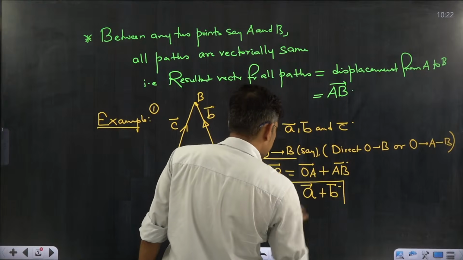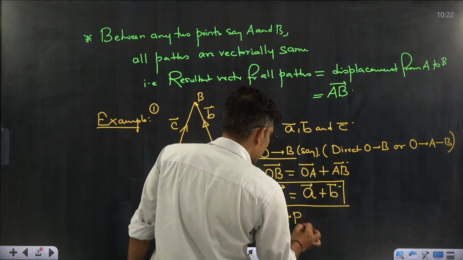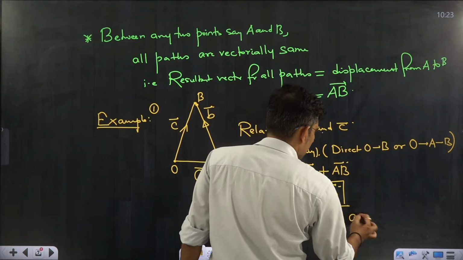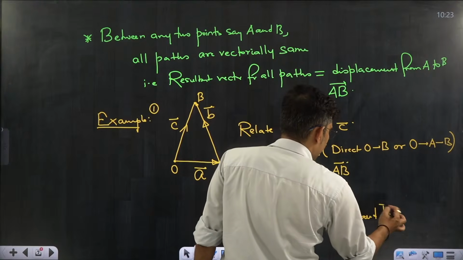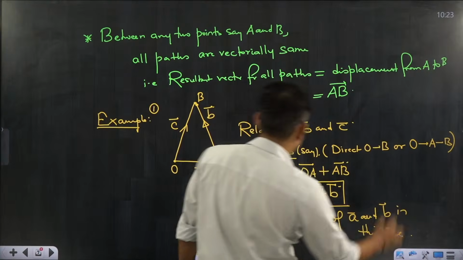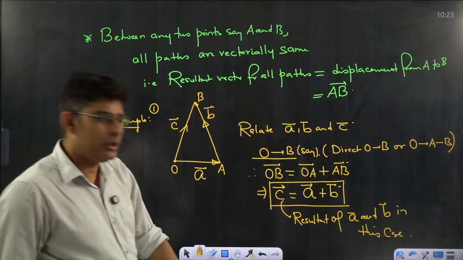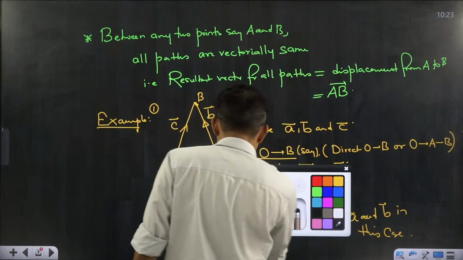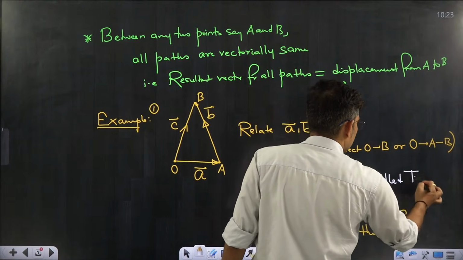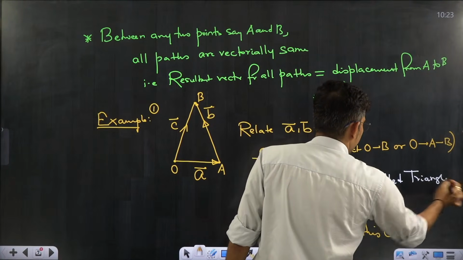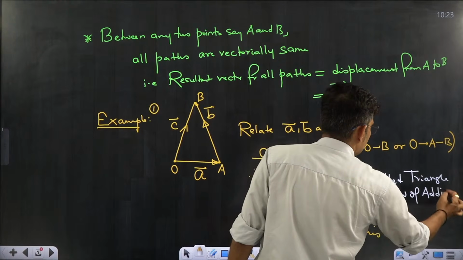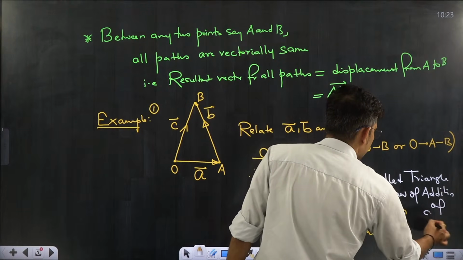That means we can say C becomes the resultant of A vector and B vector, or the vector sum of A vector and B vector in this case. And this thing only, in the language of physics, is called the triangle law of addition of two vectors.